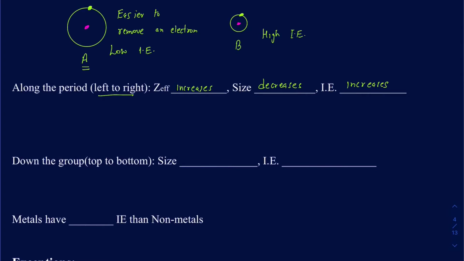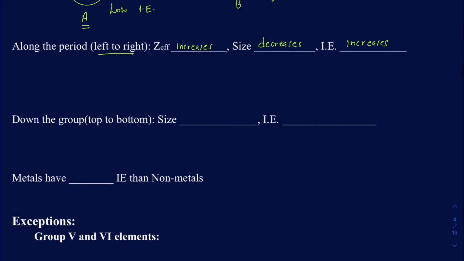On the other hand, when you're looking down the group, your size increases. Z effective is not that prominent when you're going down the group. It's just the size.